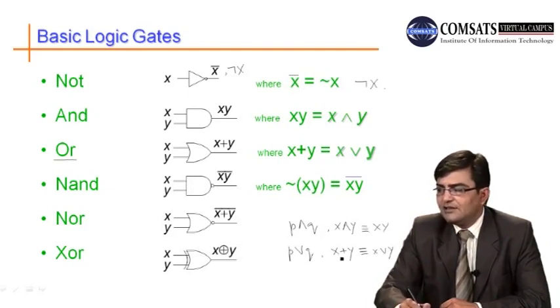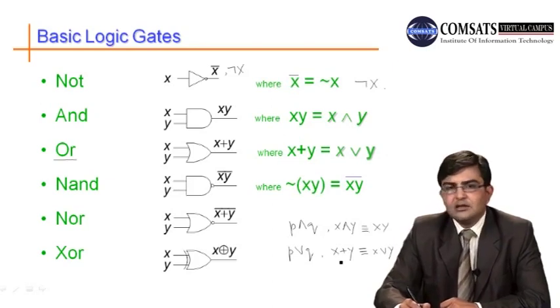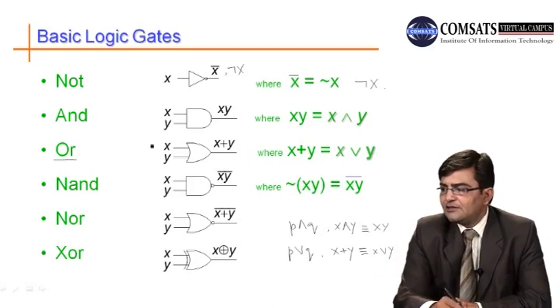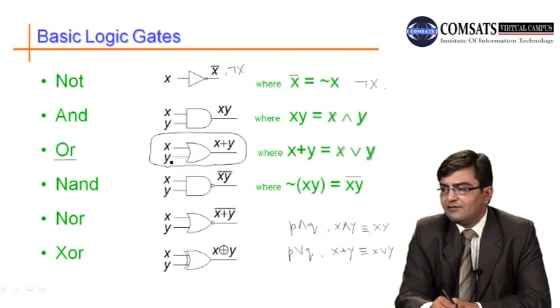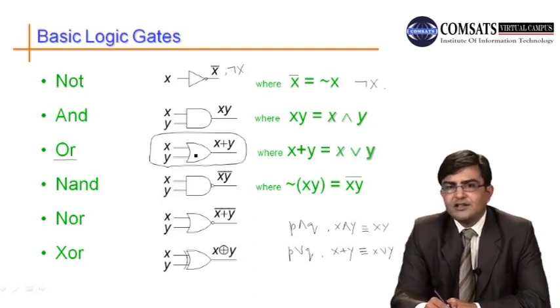These are just the different notations which we use in logic gates. The OR logic gate is basically of this form. It has two inputs, X and Y, and it has one output, X plus Y. Basically, this logic gate operates the same as the disjunction operator.